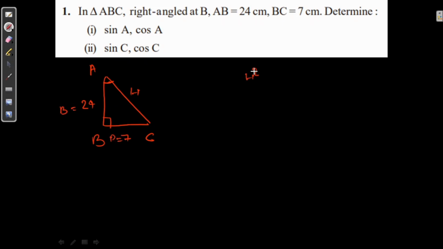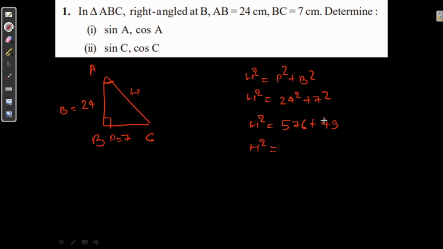Applying Pythagoras theorem, h square is equal to p square plus b square. We don't know what is value of hypotenuse, but perpendicular is 24 and base is 7. Hypotenuse square, 24 square. I do think you all are knowing the value of it. It is 576. 7 square is 49.